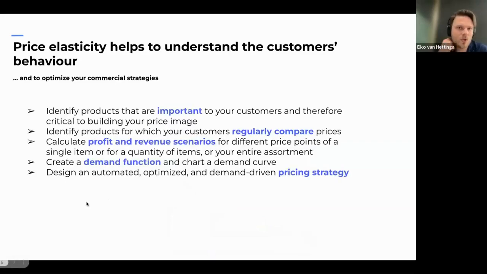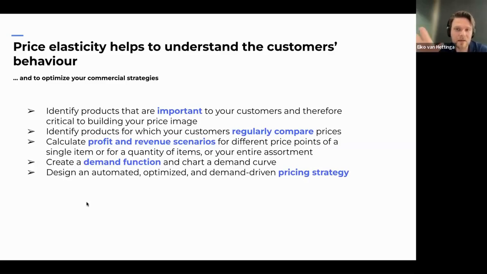But why should you look at price elasticity at all? Price elasticity helps you to understand your customer behavior. You can use it to identify products that are important to your customers and therefore critical to building your price image. So highly elastic products are usually products where the customer is sensitive about prices, obviously, and also they register a price change here because it changes their behavior.